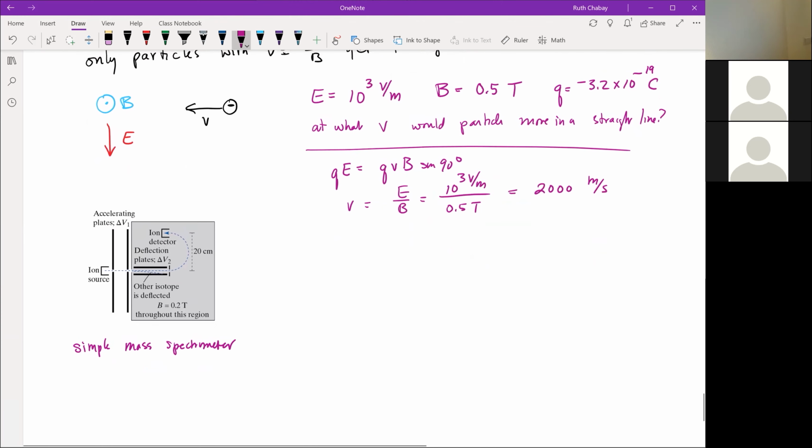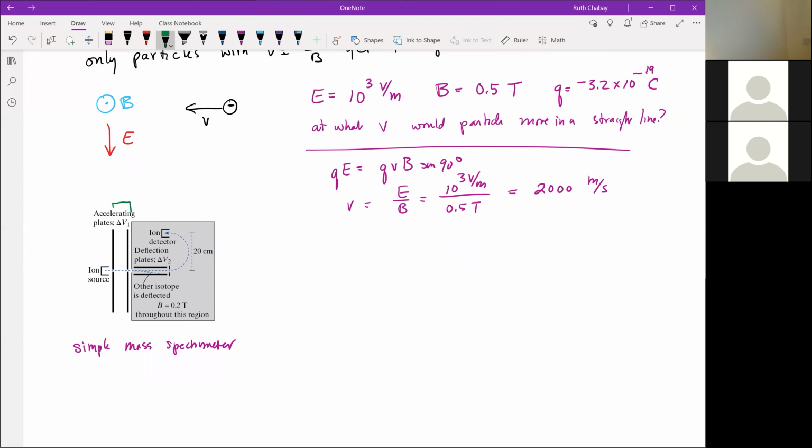What happens here is that particles start here, and they're ionized usually by bombarding with electrons. Now that they're charged, we can put a potential difference across these two big plates to accelerate them so they get up to a fairly high speed.